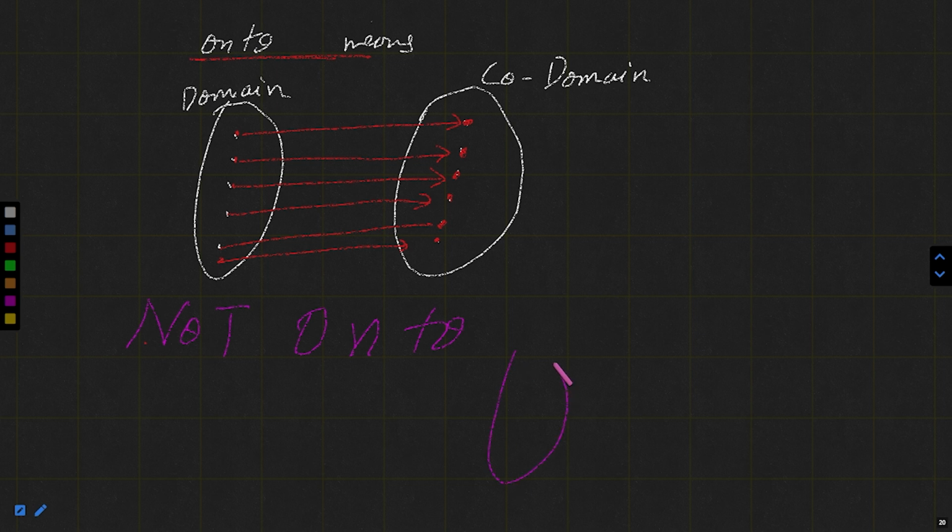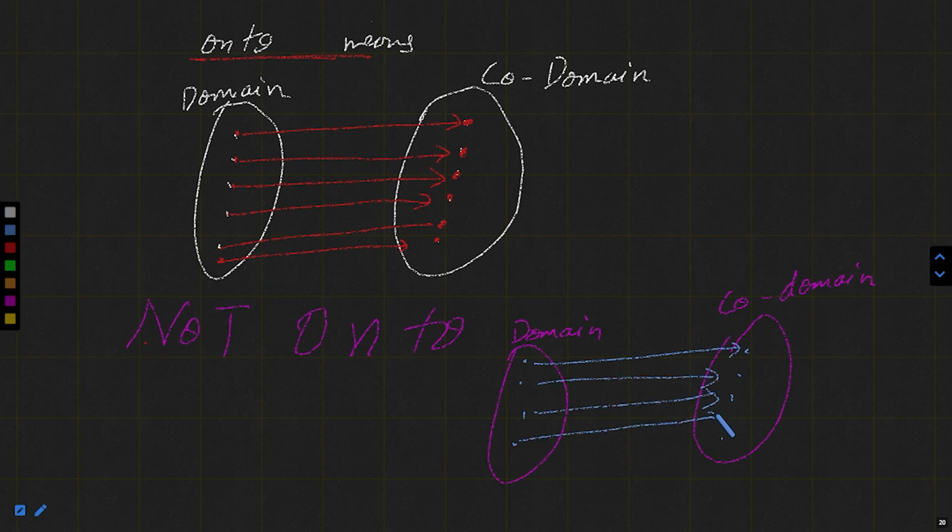And now what do we mean by not onto? Not onto means, if you see the domain set and codomain set, then we have some elements left over. What do we mean by leftover?